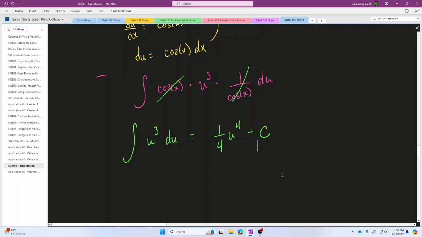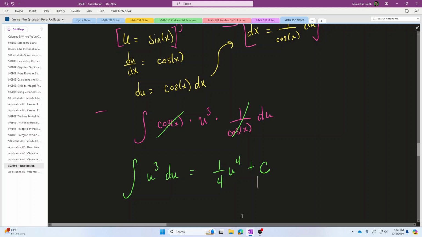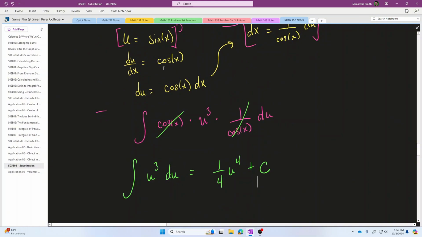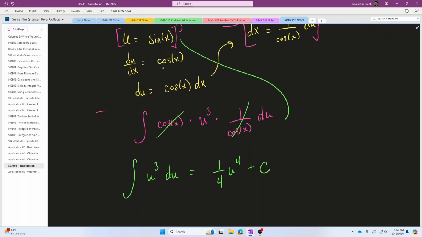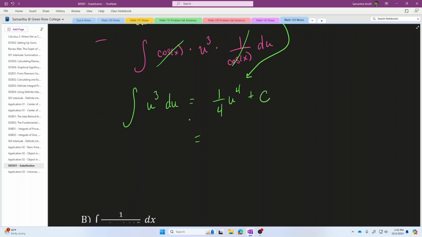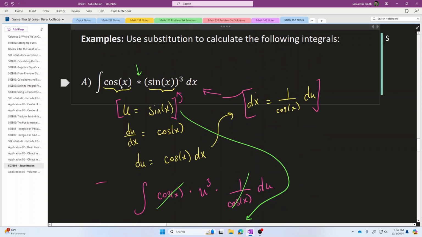And once I have calculated that integral using power rule, all I have to do is go back and replace that u with its equivalent expression in terms of x. One-fourth sine of x to the fourth power plus c. This function would be the integral of cosine times sine of x cubed dx.